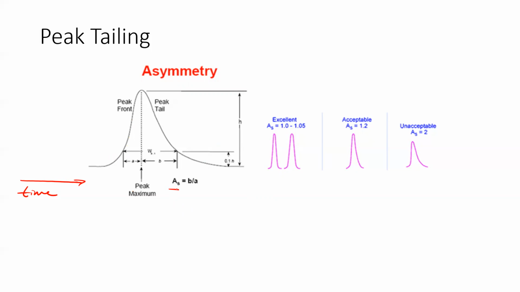This particular figure uses A sub S, and it's the tail, right? So B is the tail width at 10%, and A is the front width at 10%.